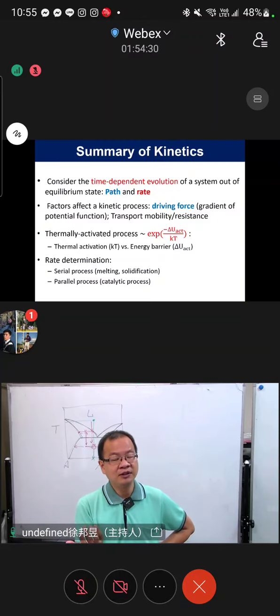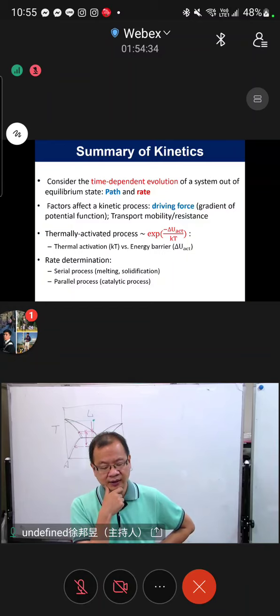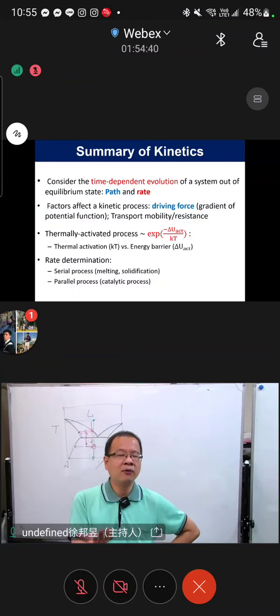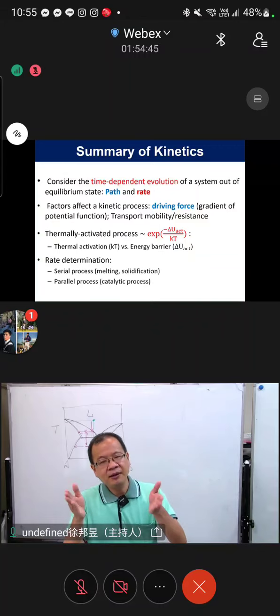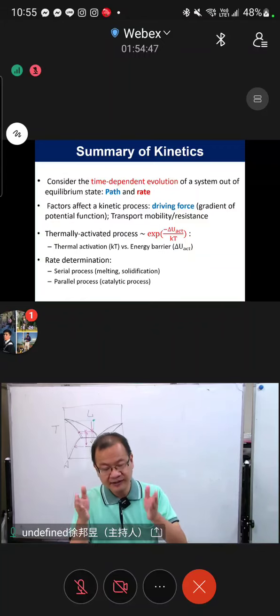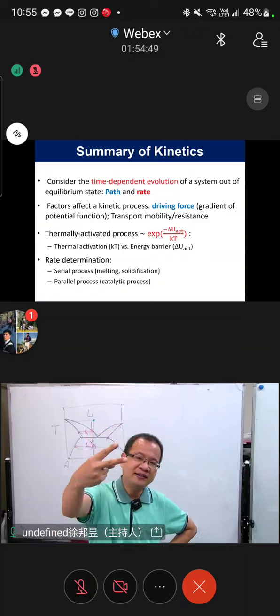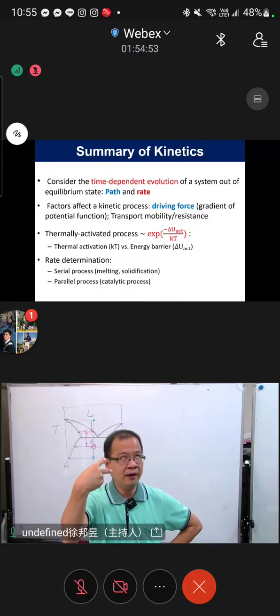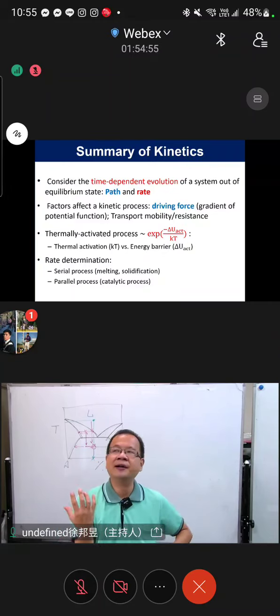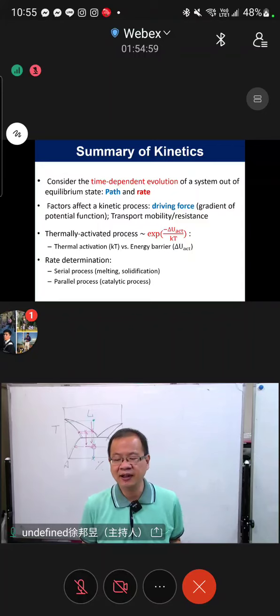And the other example is parallel processes. A classic example of that is the catalyst process. So a catalyst always goes for the fastest way, because that happens at the same time. If you provide the system two ways, for example, the original surface covered by gold nanoparticles, okay?